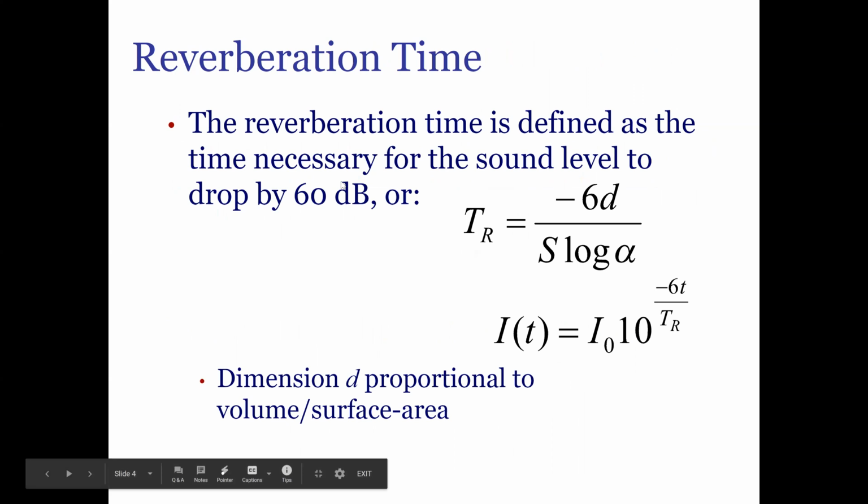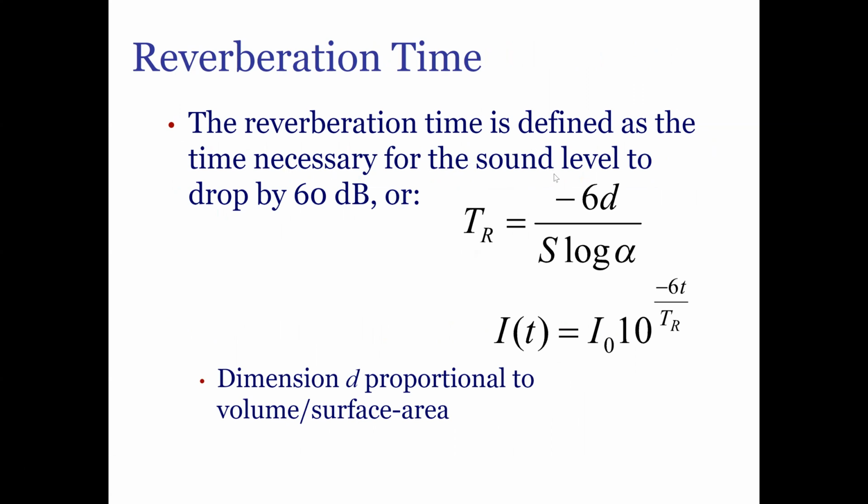So the reverberation time, as we said, is the time that it takes for the sound level to drop by 60 decibels. Again, don't worry so much about the equation. Just know what the reverb time means and what factors into it. So reverb time has the dimension component.